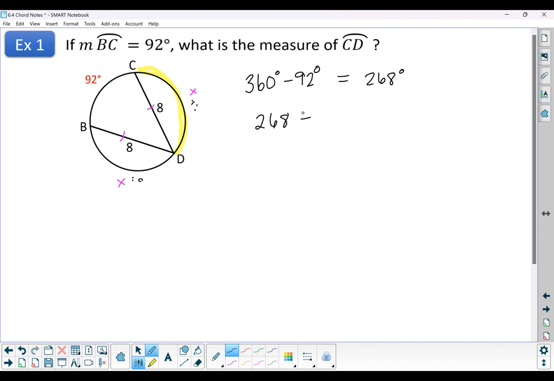So our answer will be 268 divided by 2, which is 134. That's the measure of arc CD. This one would also be 134, and those three arcs added together add up to 360.